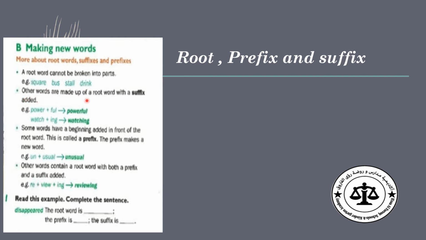Other words are made up of a root word with a suffix added. What do we mean by suffix? Suffixes, the letters which are added at the end of the root words. Okay, like the word what? Power. Power is a root word.